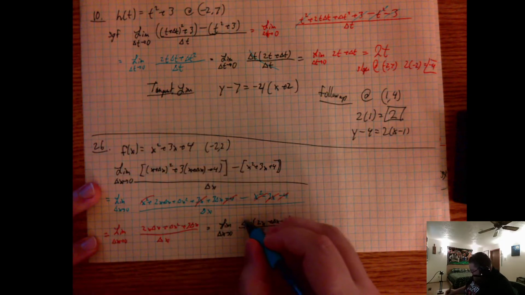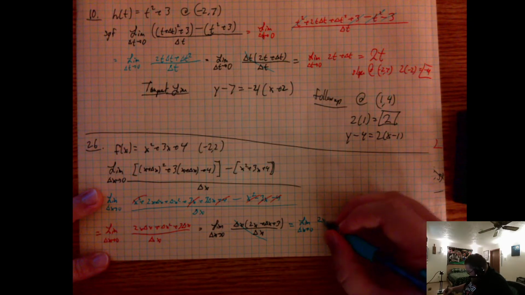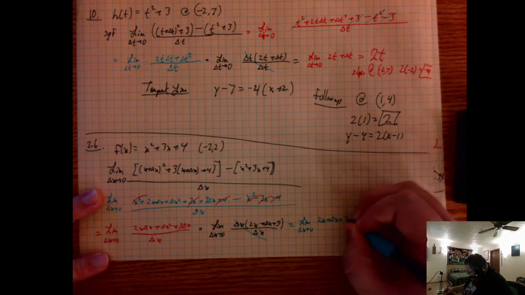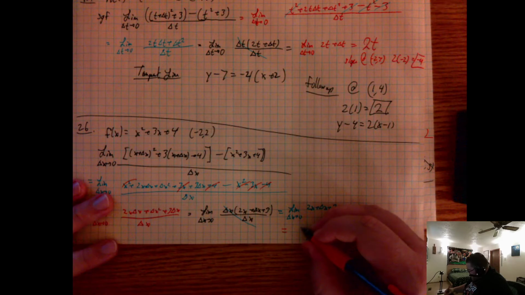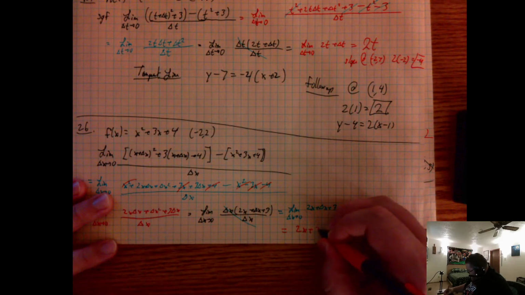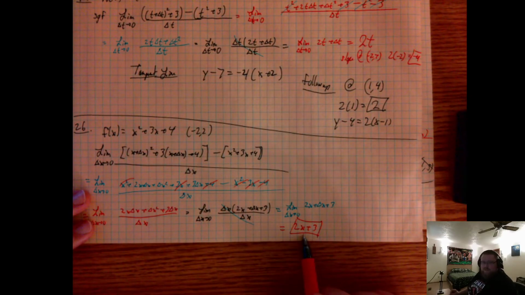I can cancel, giving me the limit as delta x approaches 0 of 2x plus delta x plus 3. I can actually plug in 0, which tells me that my slope generating function is 2x plus 3.